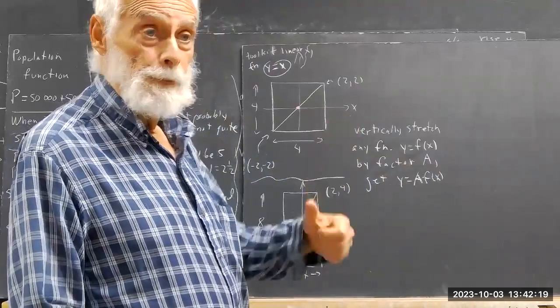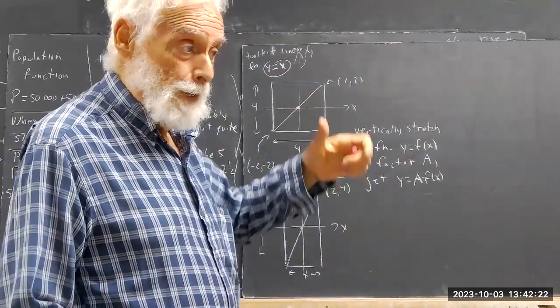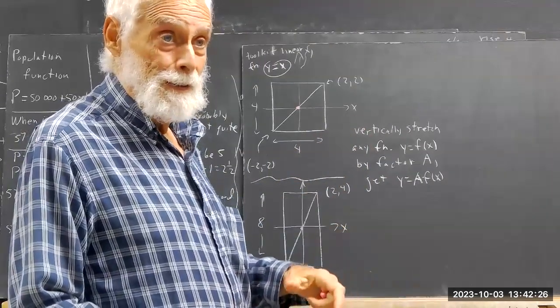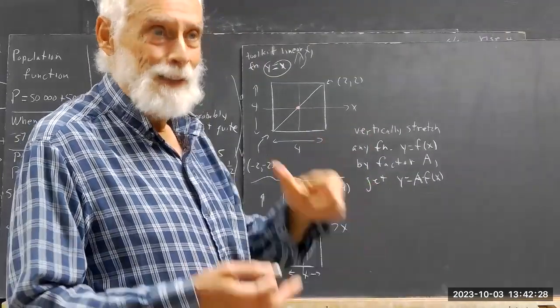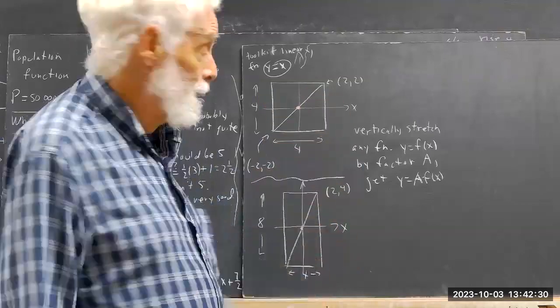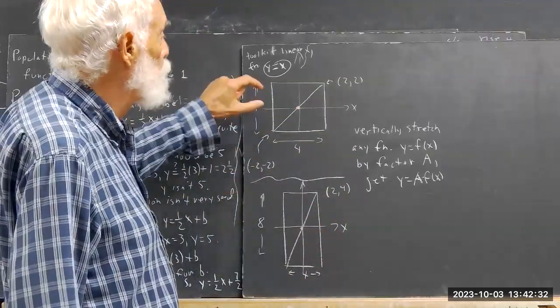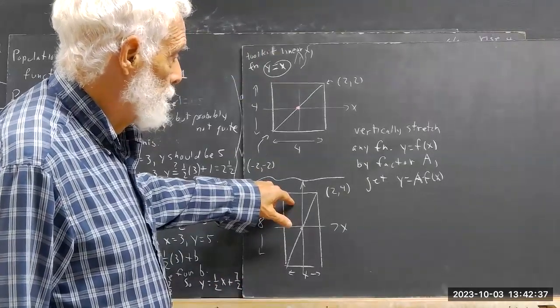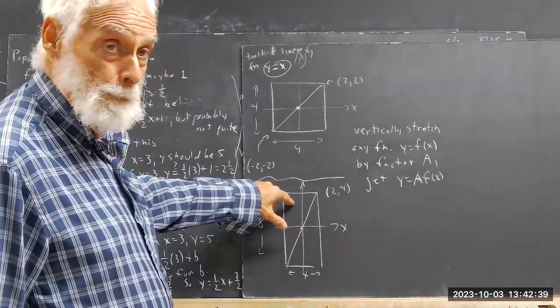It becomes a times as much. Now, if a is less than 1, they call that a compression. It's still a times as much. If it's 1/2, then it's 1/2 as much, and that compresses it, like your 4x4 rectangle becoming a 2x2 rectangle. Here we stretch by what factor? We stretch by factor 2.